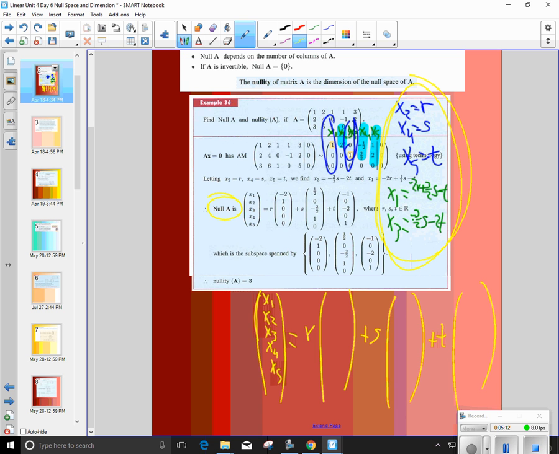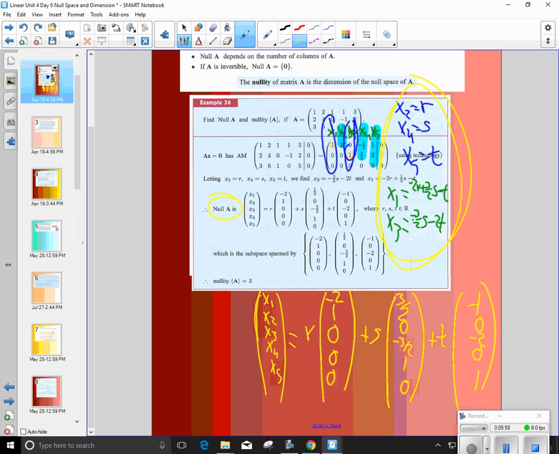For x1, r has a negative 2, s has a positive 3/2, and t has a negative 1. x2 only has an r in it, with no s and no t. x3 has no r, a negative 3/2 s, and a negative 2t. Then x4 has no r, 1 s, and no t, and x5 has no r, no s, and 1 t.